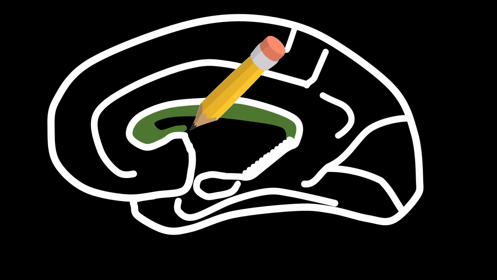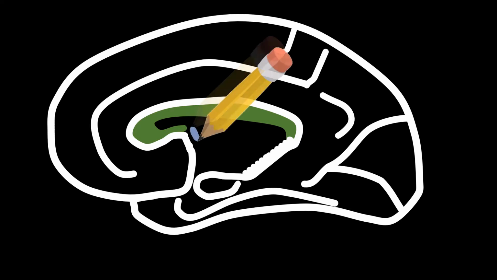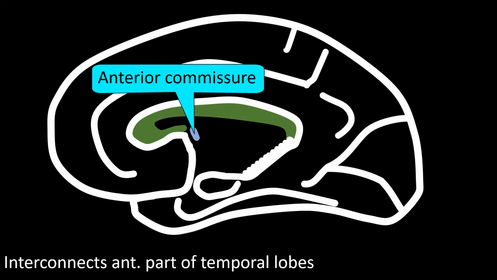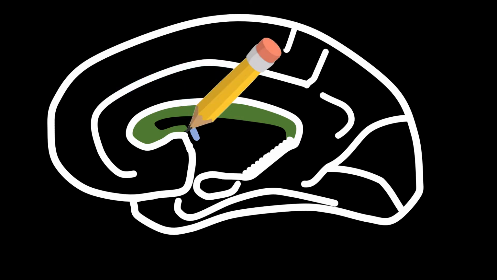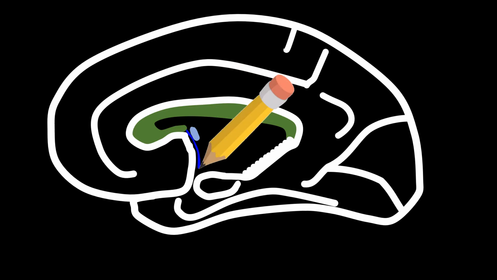Go just behind the anterior tip of the corpus callosum and draw a short line slanted backwards. This is the anterior commissure, which interconnects the lower part of the temporal lobe. Go in front of the anterior commissure and draw a thin line going down.